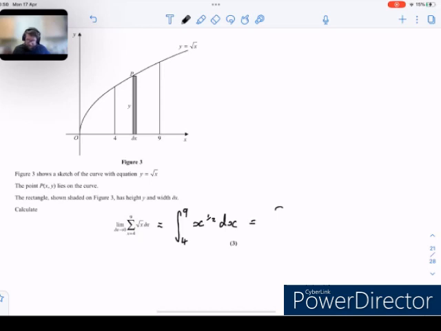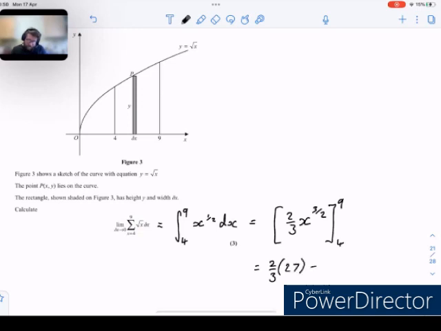So this just becomes x to the 3 over 2, add 1 to the power, divide by that new power, so it becomes 2/3 between 4 and 9. Sub in the 9, we get 2/3 times, okay, so square root of 9 is 3, then cube, that is 27.